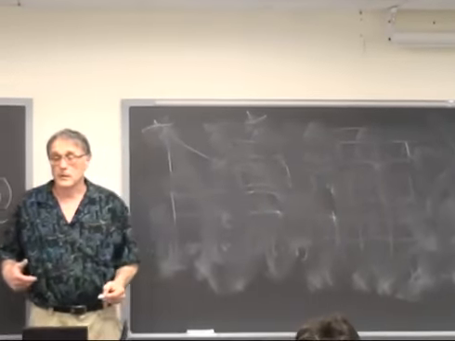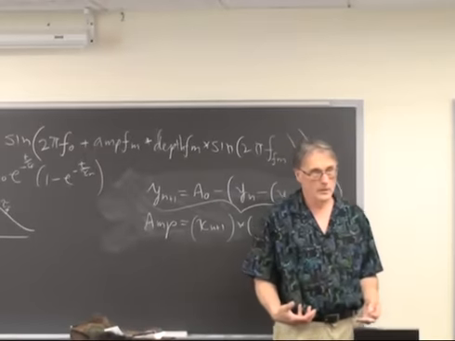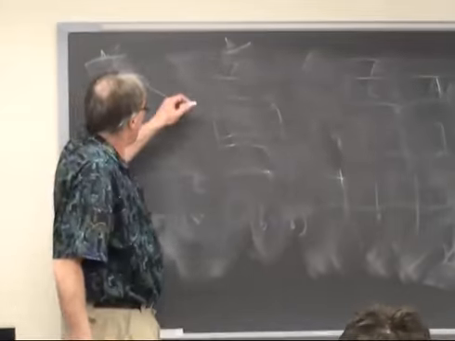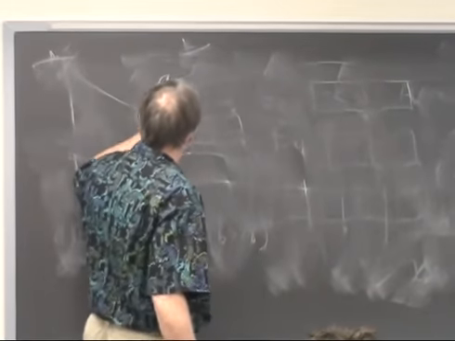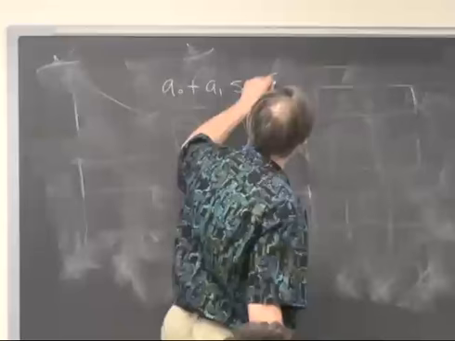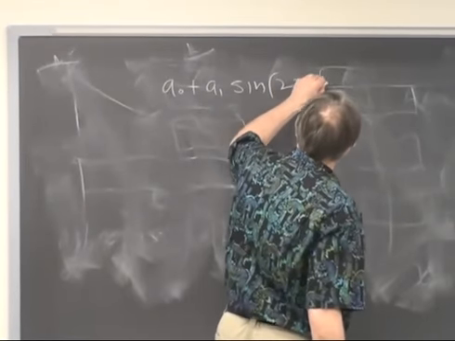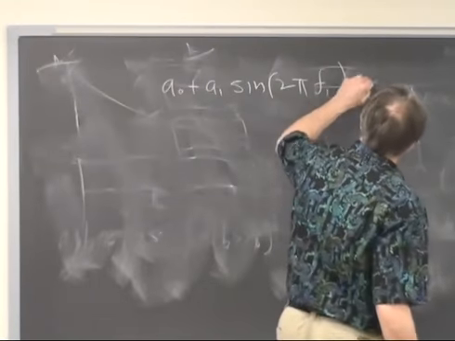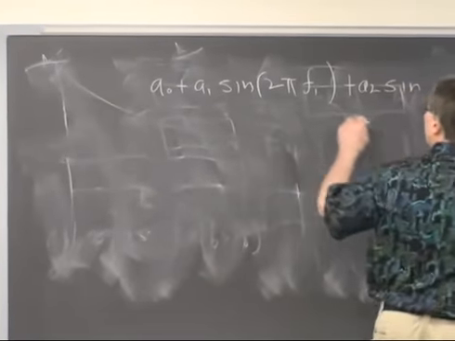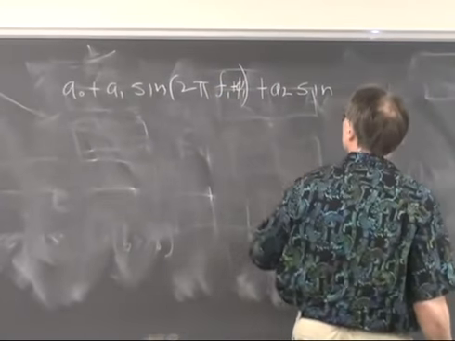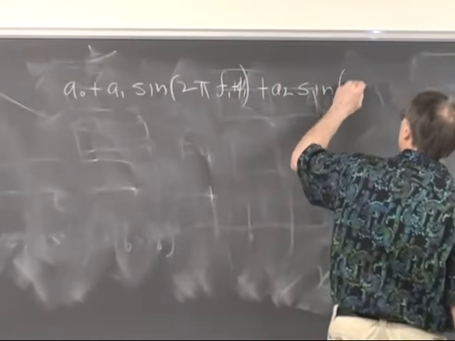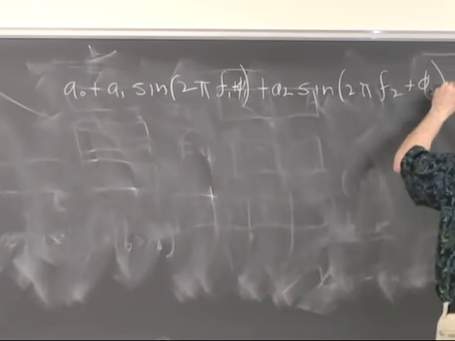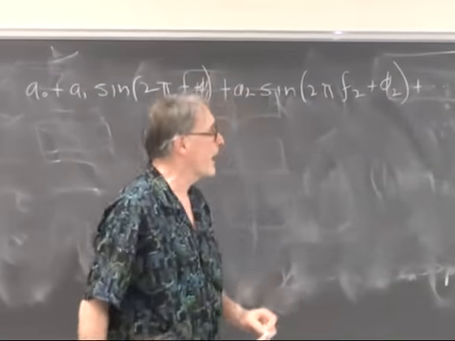Where you say that any periodic function can be written as the sum of a sine wave series with some A0 plus A1 sine 2 pi F1, where F1 is now the fundamental, plus A2 sine 2 pi F2 plus phase 2, plus dot dot dot, as many terms as you want to carry out.